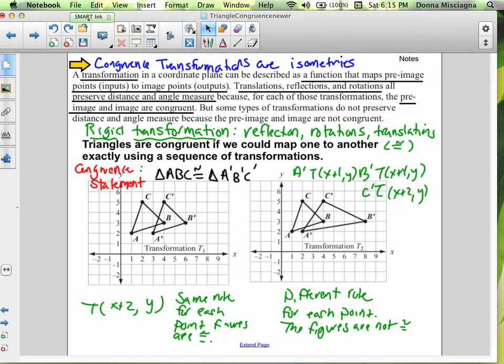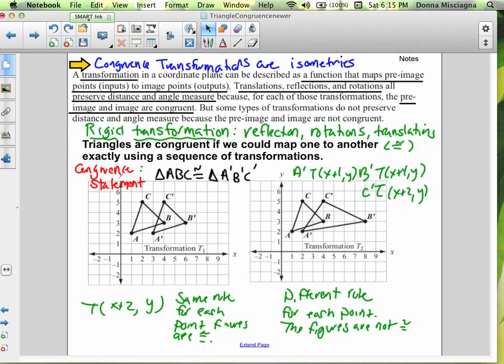Sometimes the transformations do not preserve distance and angle measure because the pre-image and the image are not congruent. The ones that we'll be working with are called dilations, but there is another kind which is called a shear, and we're not going to be working with those. So a rigid transformation is reflection, rotation, translation, and those preserve our size and shape.